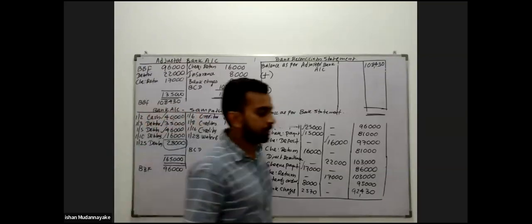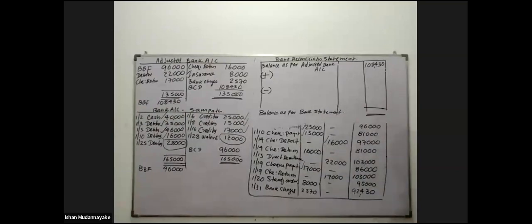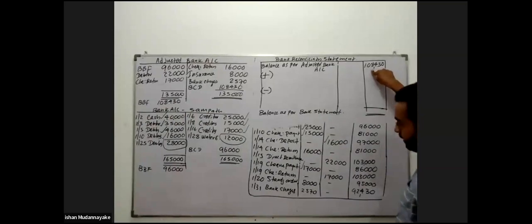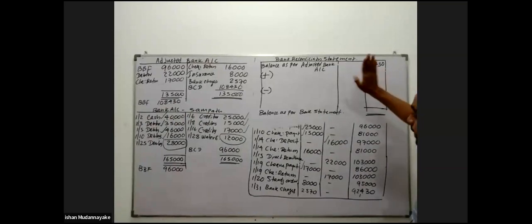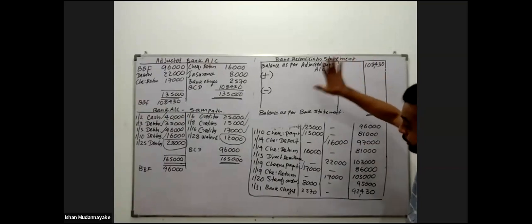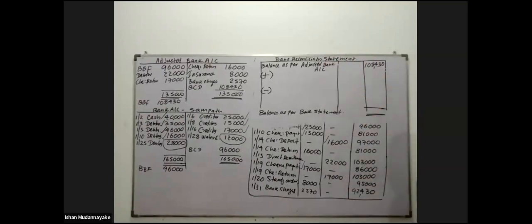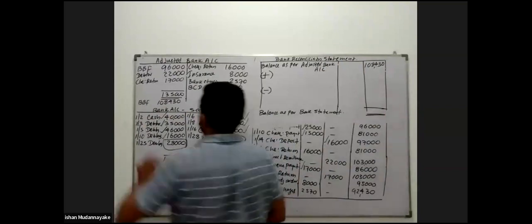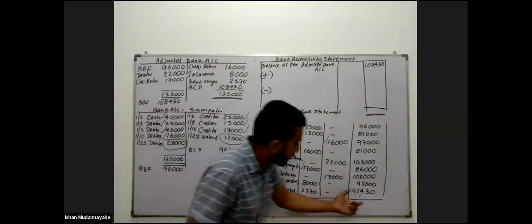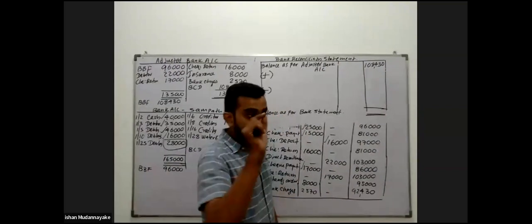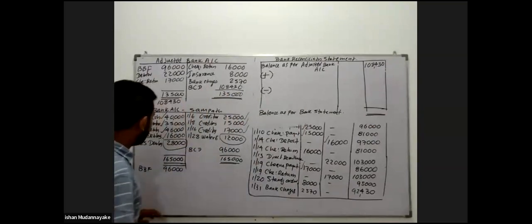So here, balance as per adjusted bank account is 108,430. Now we will record reasons for the difference. This is the balance available in the adjusted bank account, and this is the bank statement balance. These are the reasons.